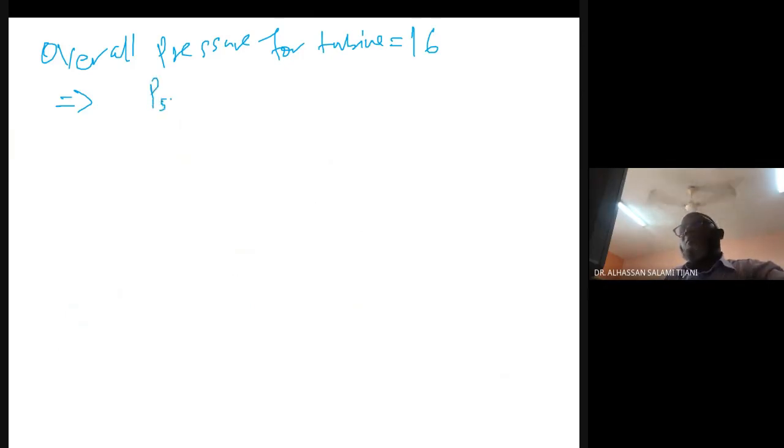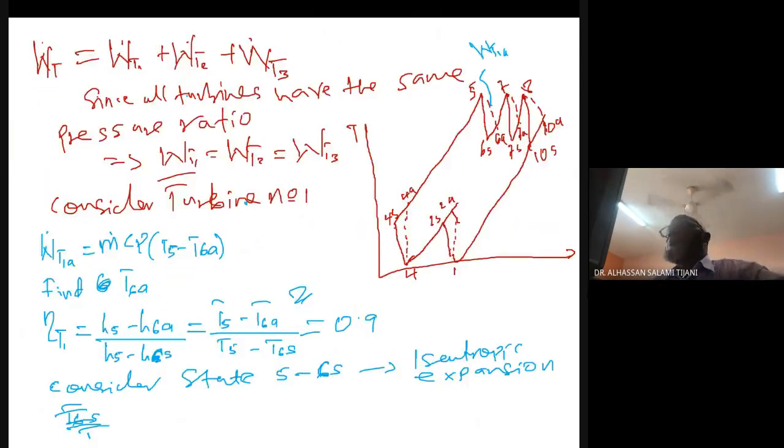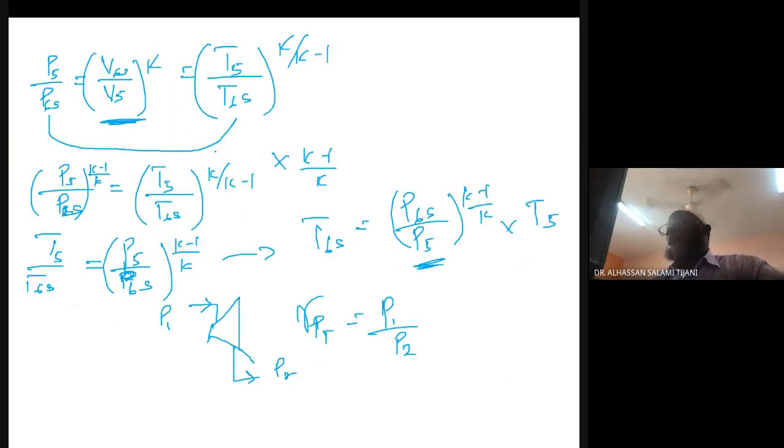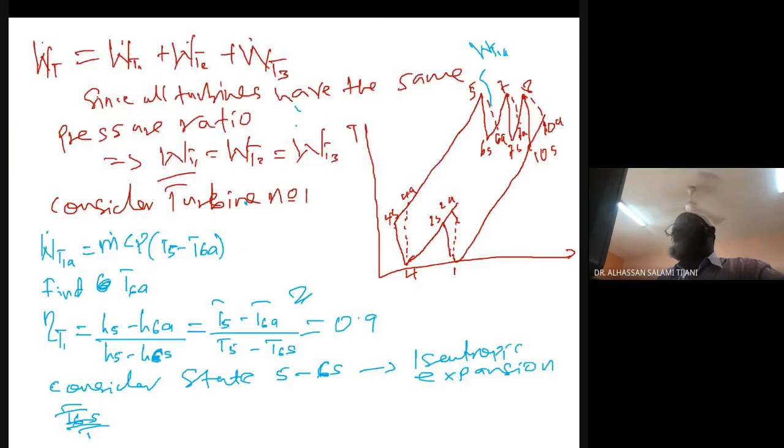P5 over P10 equals 16. But how do we determine P5 over P6 if I want to find it?